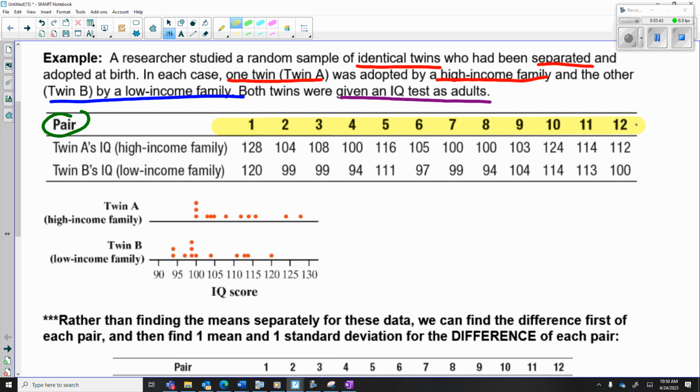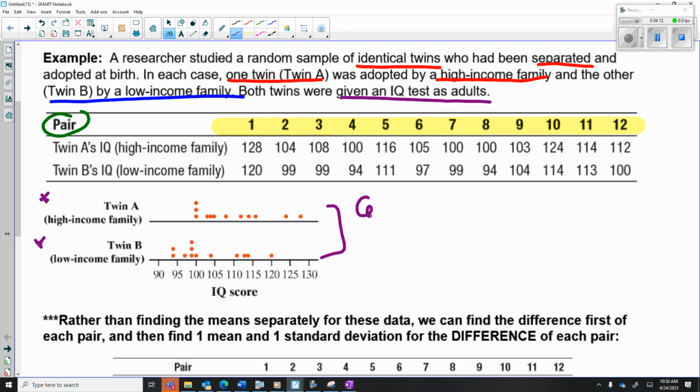So if we were to plot them separately, you see on this first dot plot, we have just twin A and the next one twin B, and you could describe that there could be some similarities or differences within the dot plots. They both seem like the shapes are skewed to the right. It does look like this twin A high income family may have a higher median and a higher mean IQ than the low income family, but is it statistically significant enough of a difference?